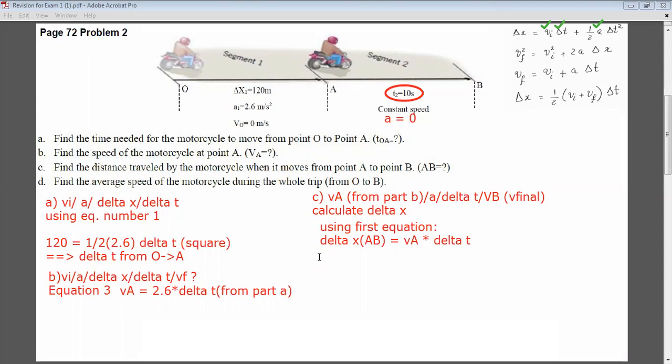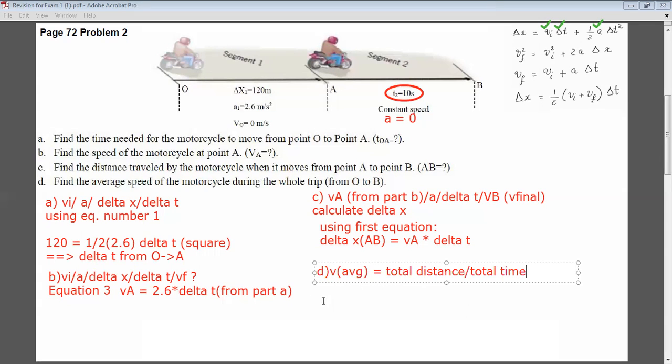So this is part C, and finally, part D, find the average speed of the motorcycle during the whole trip. Here we have to remember that V average is equal to total distance divided by total time.